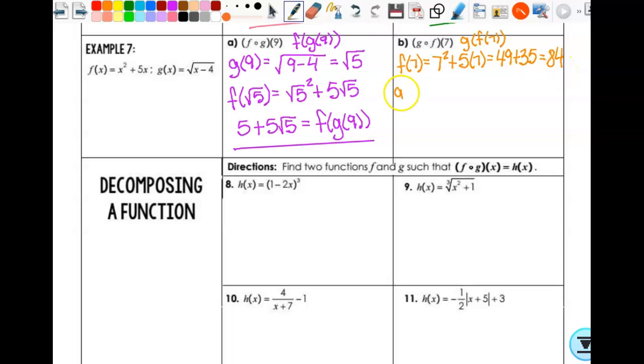So then we will do g of 84. That is equal to the square root of 84 minus 4, which is the square root of 80. Is 80 a perfect square? No. Do I get to leave it like that? No. Do I put it in the calculator and get a decimal? No. Okay? Instead, you have to be able to simplify your square roots.